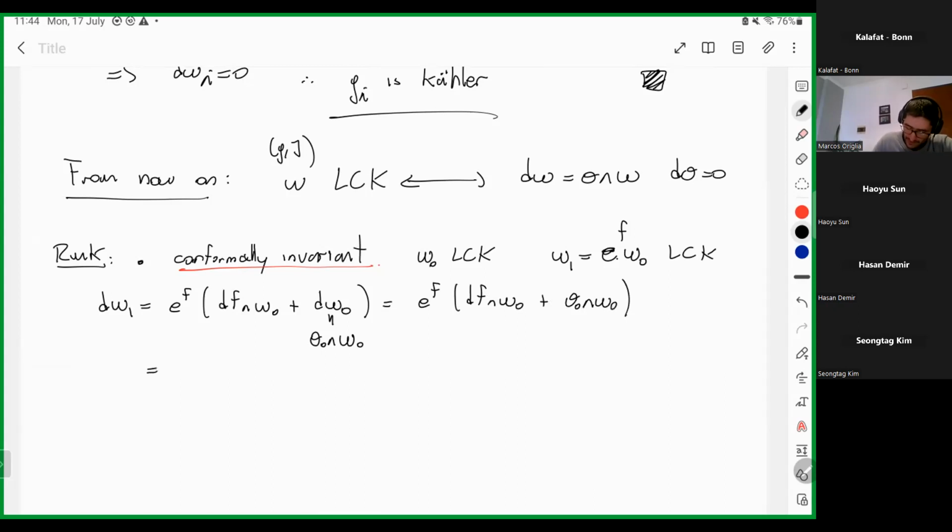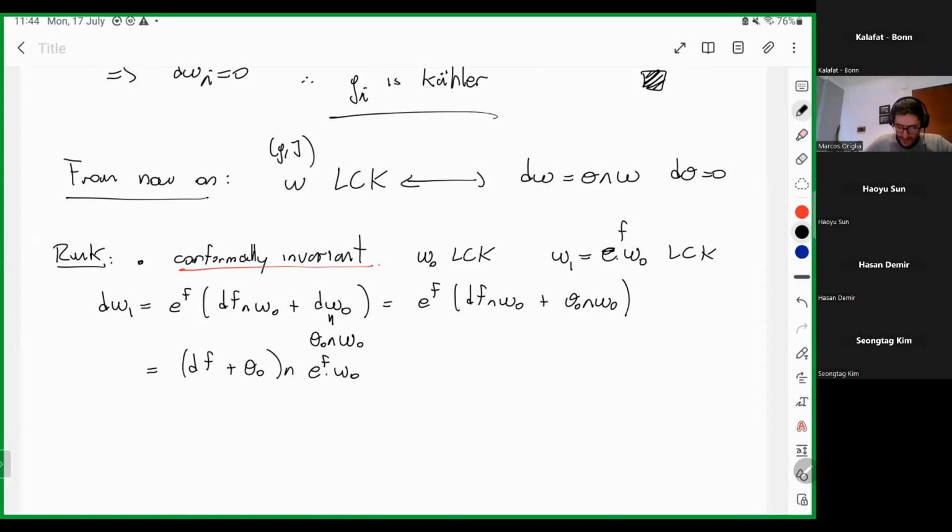So we can put ω0 at the end and have just this df from the first part and θ0 from the second one, times exponential of f times ω0, right?